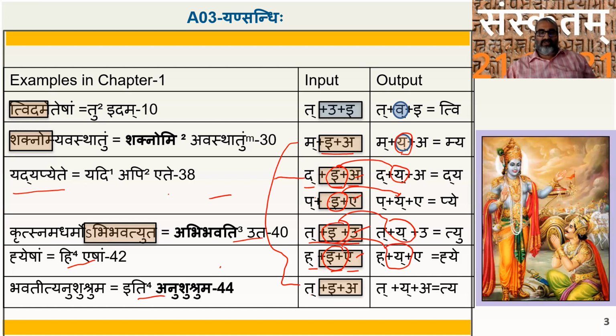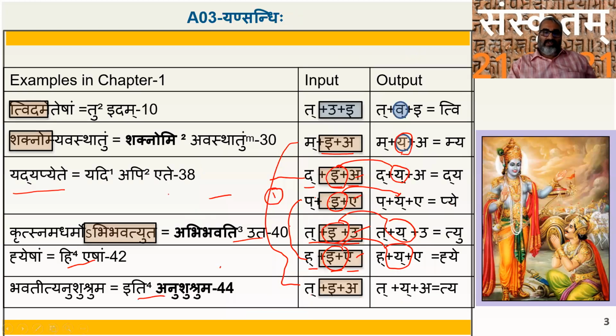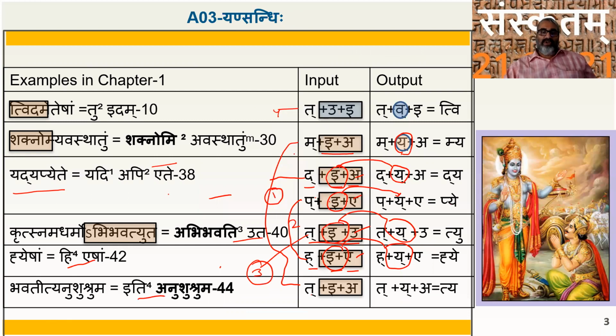So we have got one combination repeated 3 times, then a second combination repeated, i plus a, and a third combination, which is i plus u. So as far as i is concerned, we have seen 3 different combinations, and the fourth combination which you have seen on top is u plus e. So there are 4 types of combinations which we have seen.